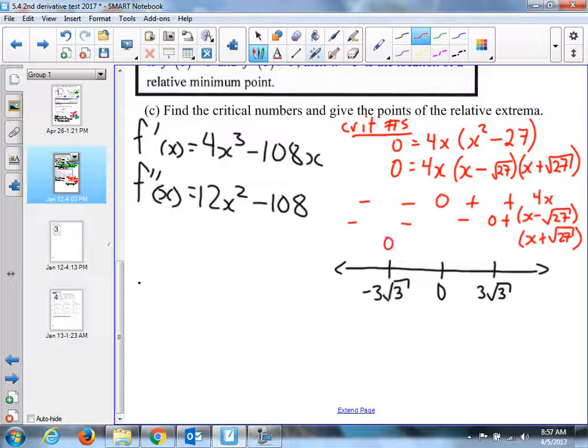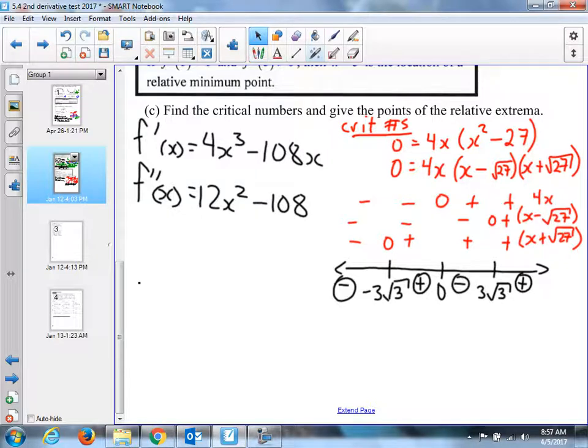Likewise, 0 here. Taking into account the 3 factors, I get a zone of negativity. So that means decreasing, increasing, decreasing, increasing.